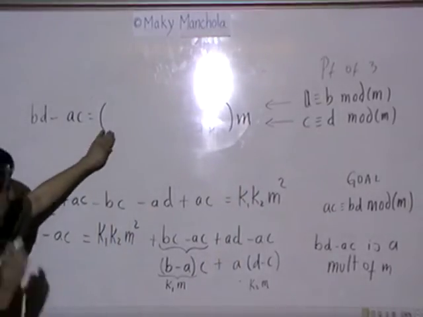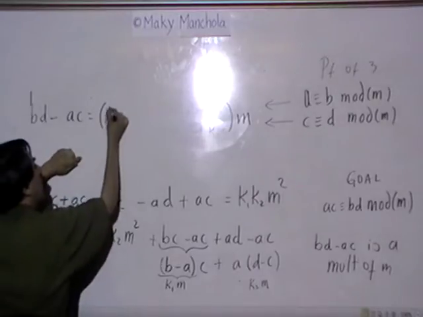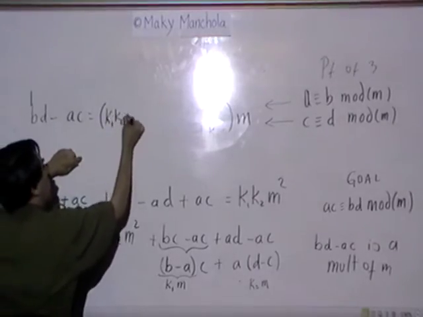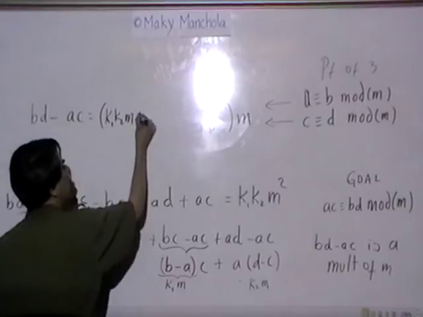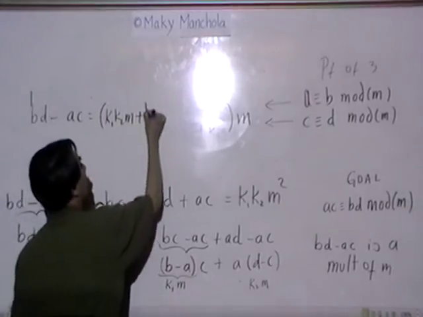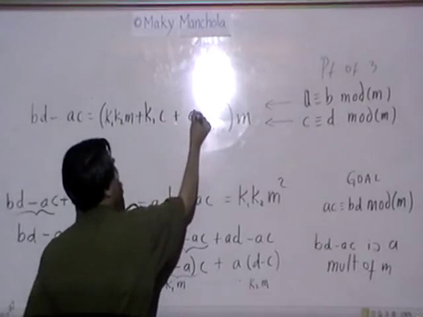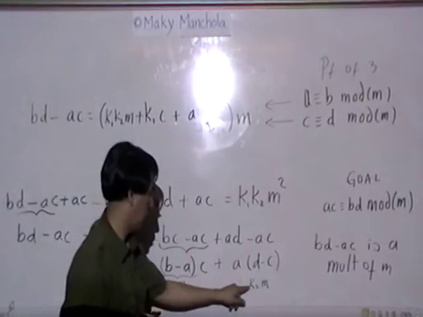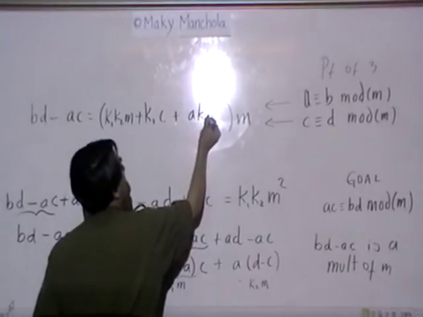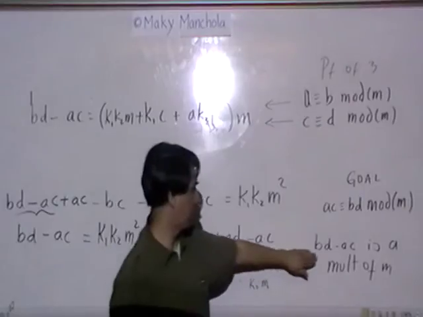Let's just write down what's left after you factor out the m. You get k1 k2 m plus k1 c plus a k2. So goal accomplished.